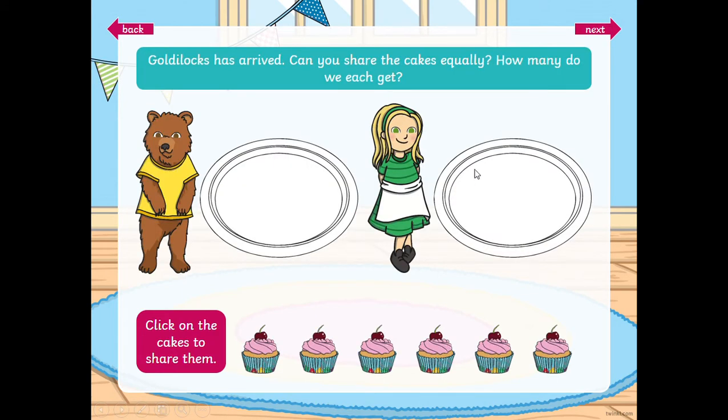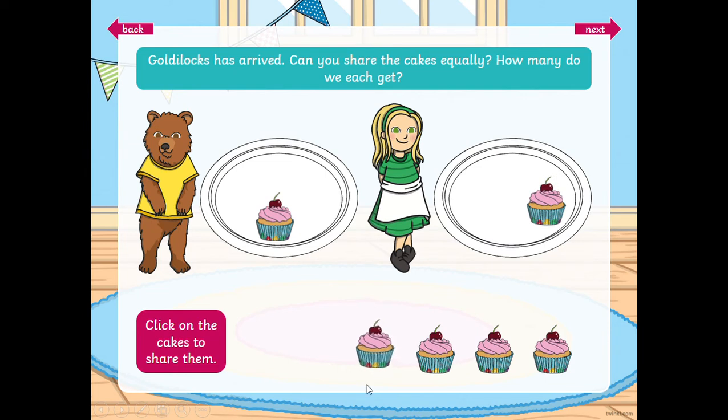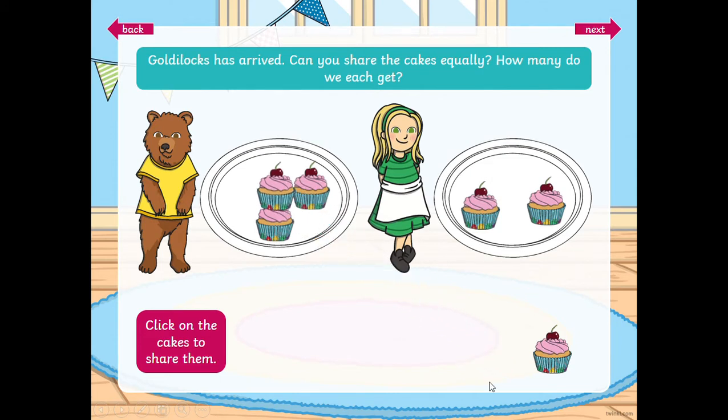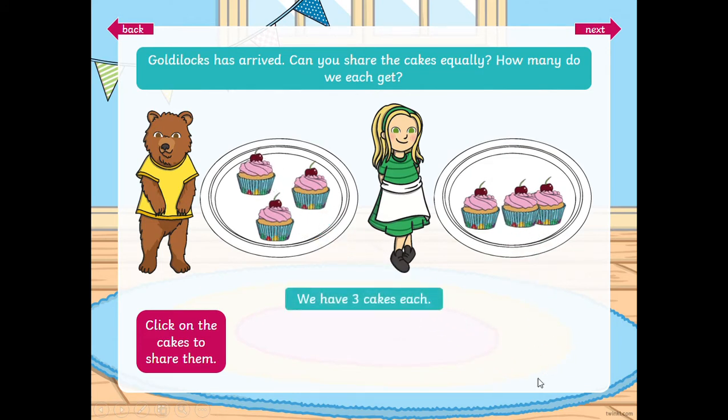Goldilocks has arrived. Can we share the cakes equally? Okay, and see how many we get each. So there's Baby Bear's plate, and there's Goldilocks' plate. So I've got 1 to Baby Bear, 1 to Goldilocks, 1 to Baby Bear, 1 to Goldilocks, 1 to Baby Bear, and 1 to Goldilocks.